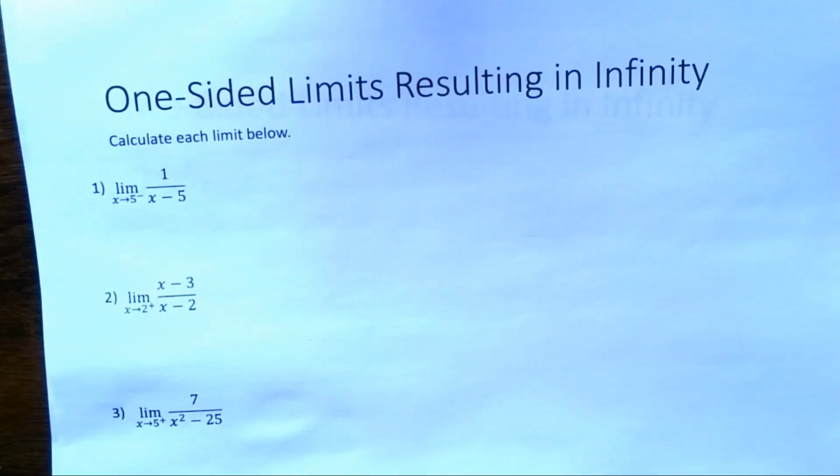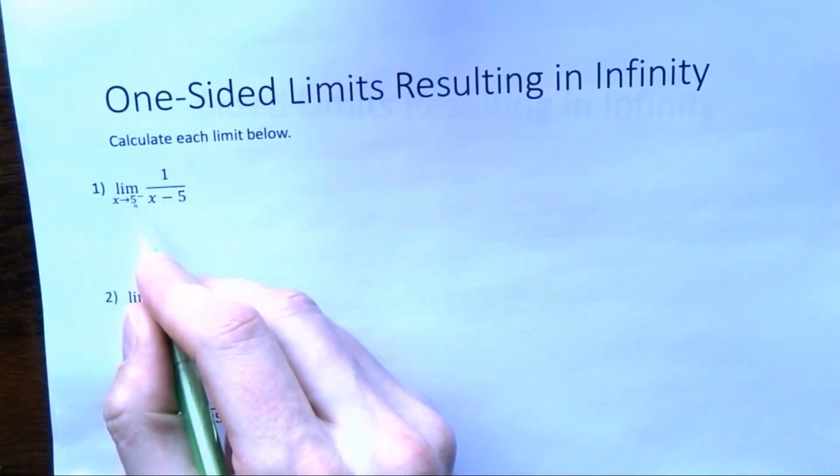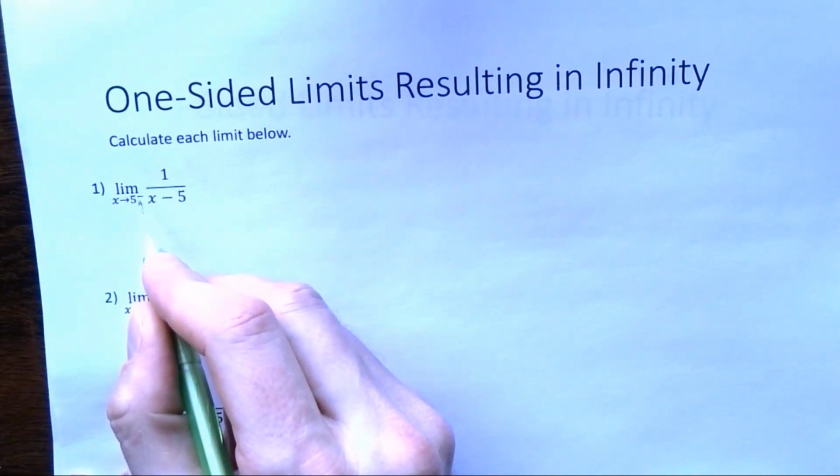Okay, so let's practice these concepts on a few problems. If we look at the first problem, we get the limit as x approaches 5 from the left of 1 over x minus 5. Well, given that it's 5 from the left with that minus sign, this is slightly less than 5.